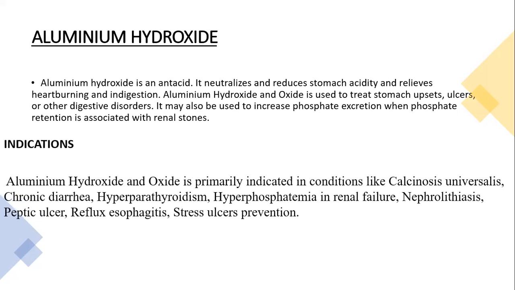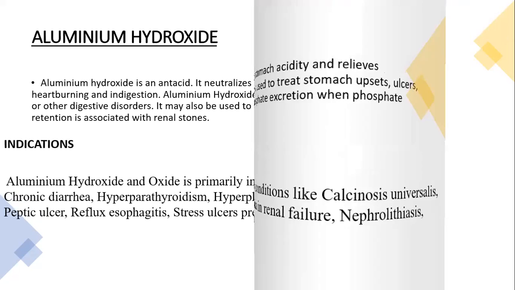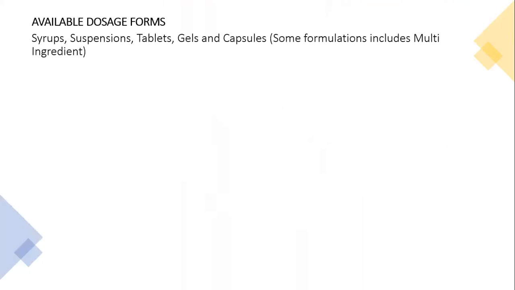It is indicated in certain conditions like calcinosis universalis, chronic diarrhea, hyperparathyroidism, hyperphosphatemia, renal failure, nephrolithiasis, peptic ulcer, reflux esophagitis, and stress ulcer prevention. It is available in many types of dosage forms: syrups, suspensions, tablets, gels, and capsules.